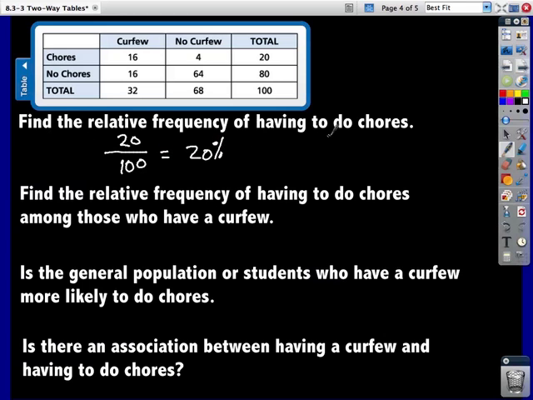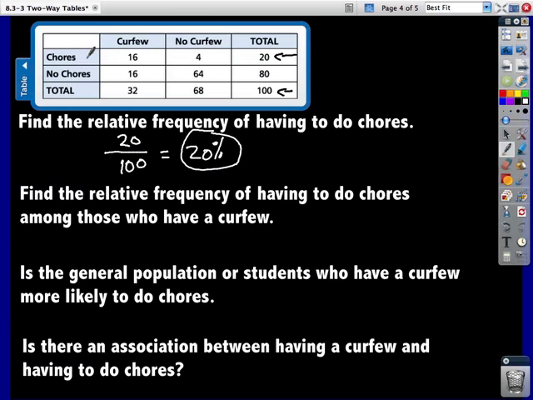So the relative frequency of having to do chores is 20%. I took the total number of kids who do chores, and I divided it by the total number of people. Now it says, find the relative frequency of having to do chores among those who have a curfew. Okay, let's take a look here.